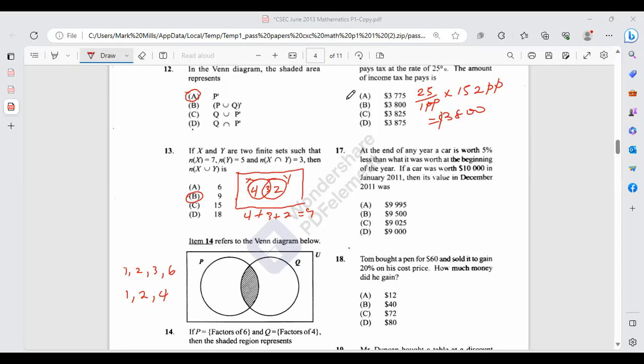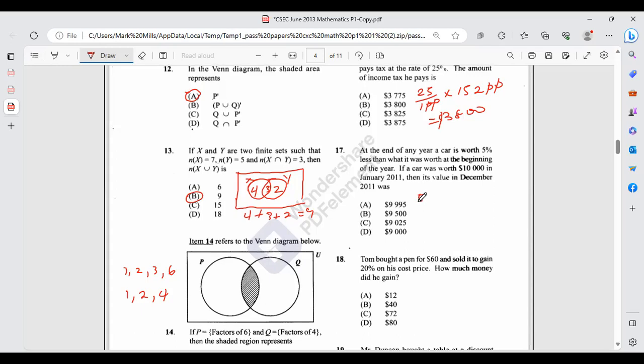You do the principal, which would be the $10,000, minus the rate over 100 in brackets, and since it's 1 year, it'd be 1 outside of the bracket. It would be easier if you say 5 over 100 times 10,000.